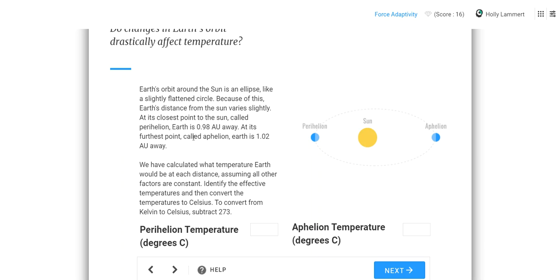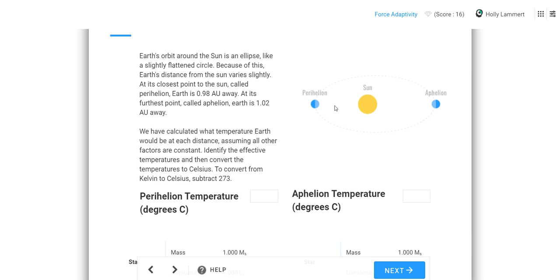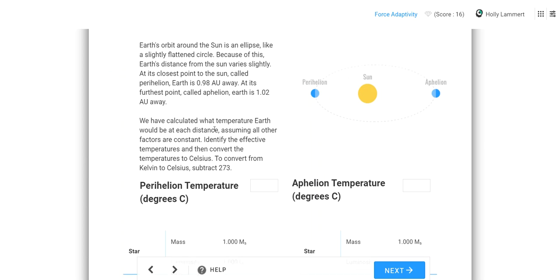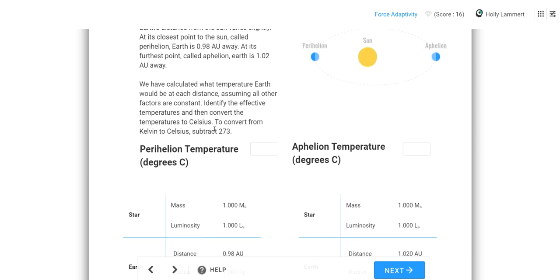At its furthest point, called the aphelion, Earth is 1.02 AU away. And remember, it is defined by the distance between the sun and the Earth. So we have calculated what temperature Earth would be at each distance, assuming all other factors are constant. Identify the effective temperature and then convert to degrees Celsius.